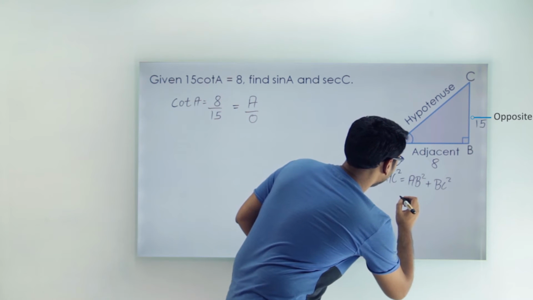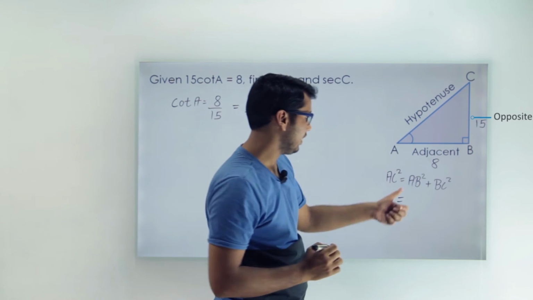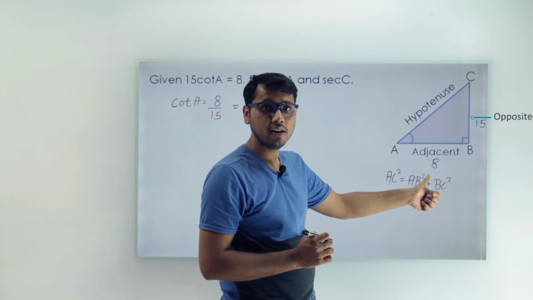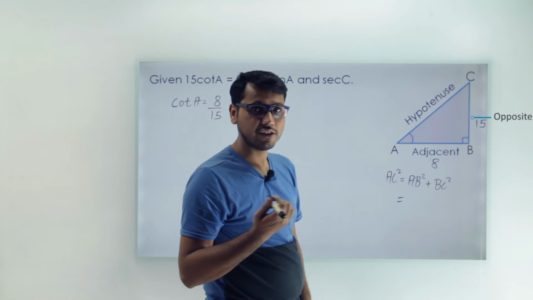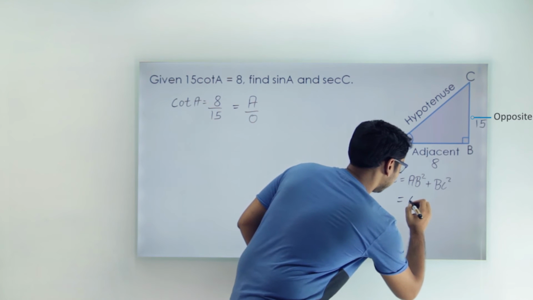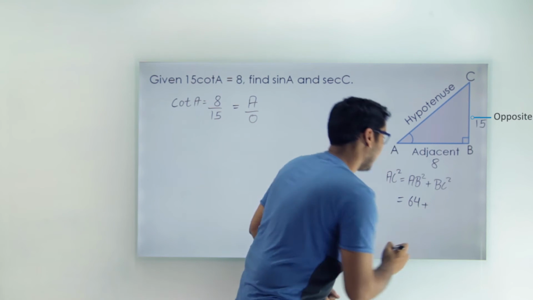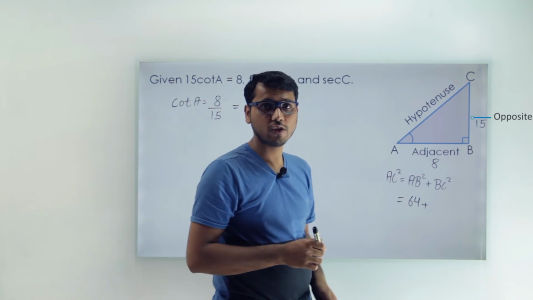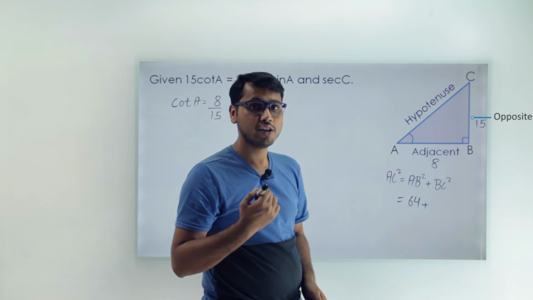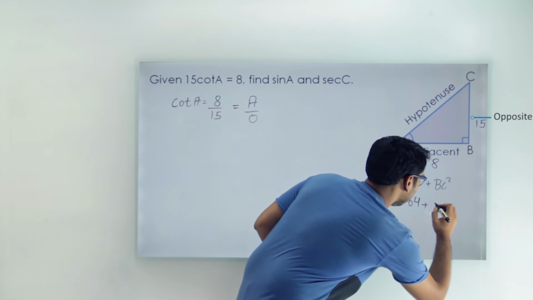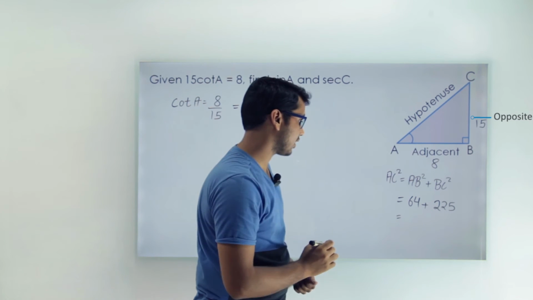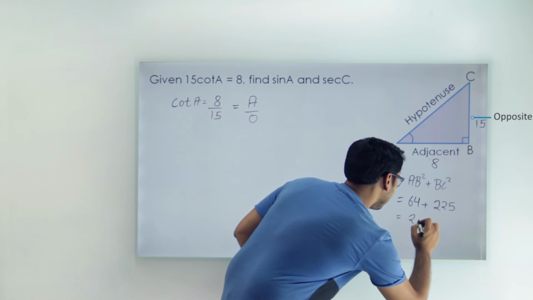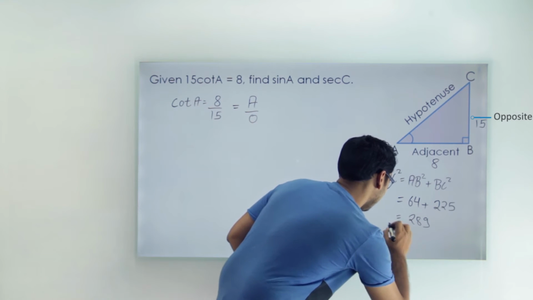So put the value of AB square. AB is 8, so its square will be, can you tell me, 8 square is 64. So AB square will be 64, and BC is 15. 15 square is 225. If you solve this, it comes out to be 289.